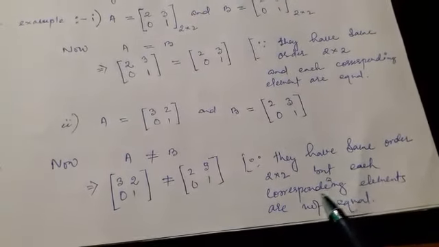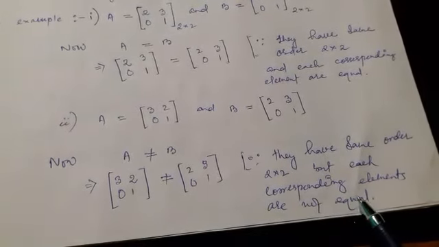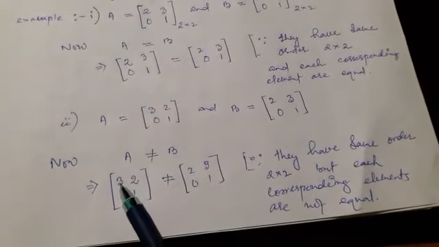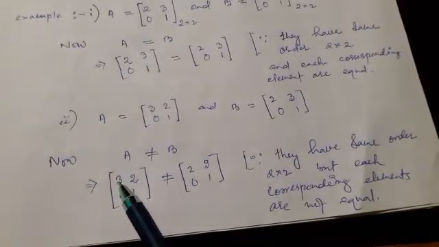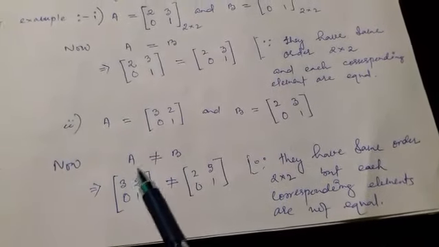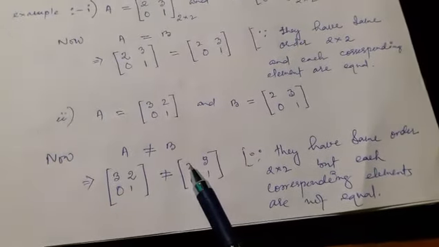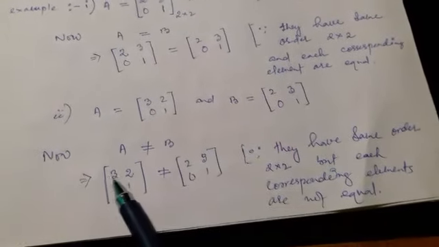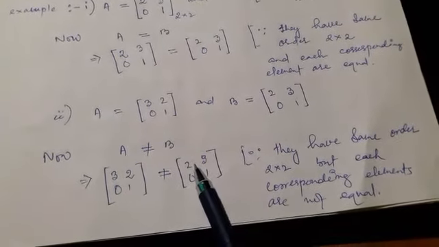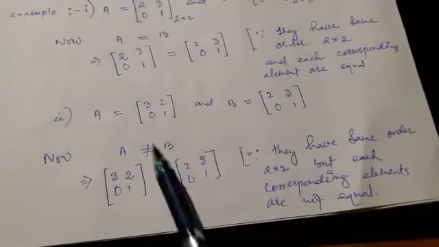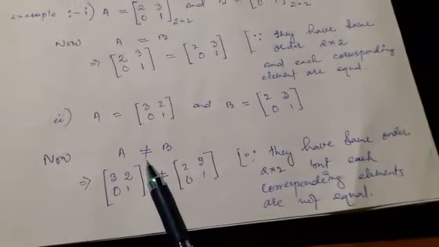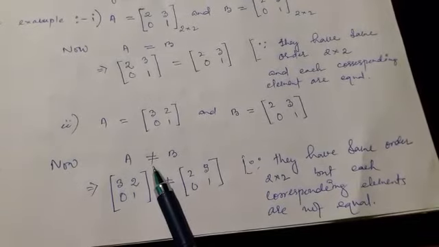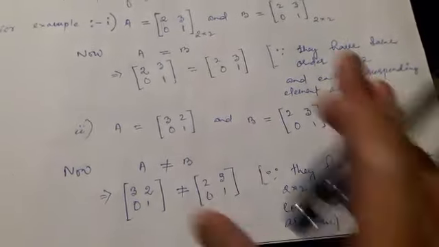Then the second point, the corresponding elements are not equal. See, the value of A11 for matrix A is 3. Then the A11 element of matrix B is 2. These 2 corresponding elements are not equal. So these 2 matrices are not equal.